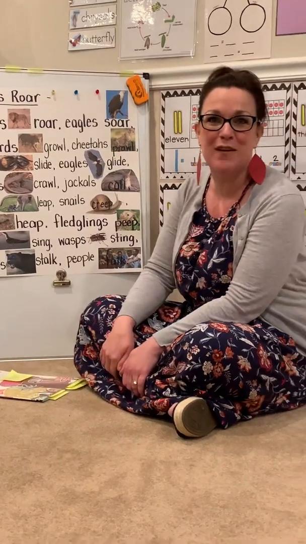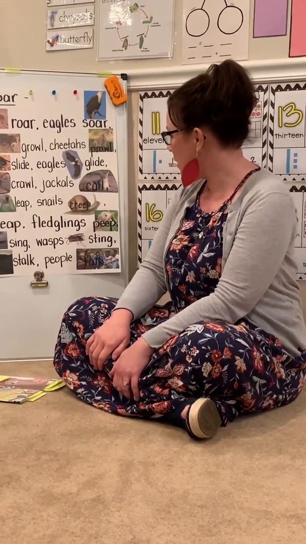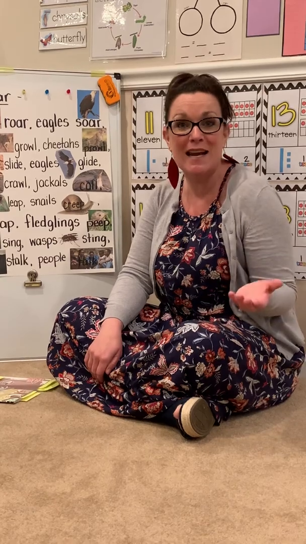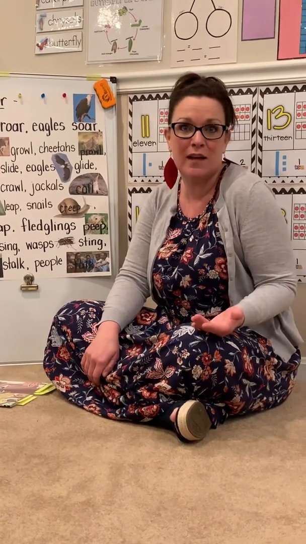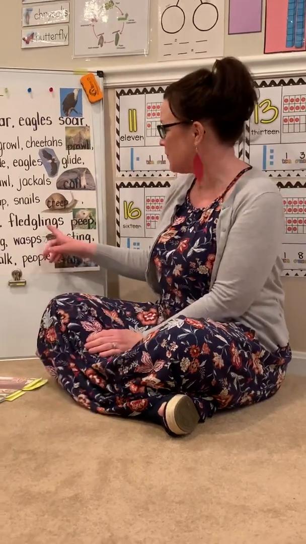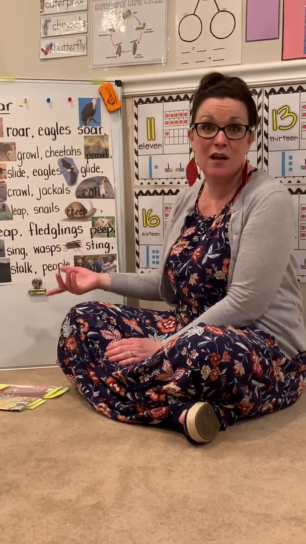It's a rhyming poem, friends. Isn't that fun? One of the words that I actually had to look up myself, maybe a teacher should know this word, but I did not. That's what's so exciting about learning, friends, is that we learn something new every day. Fledgling is another word for a baby bird. I didn't know that.